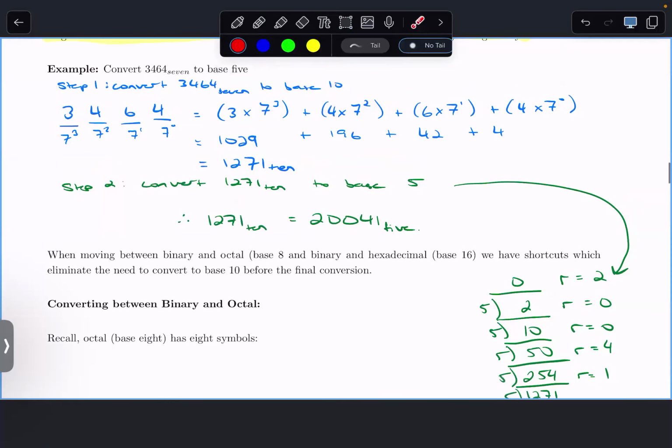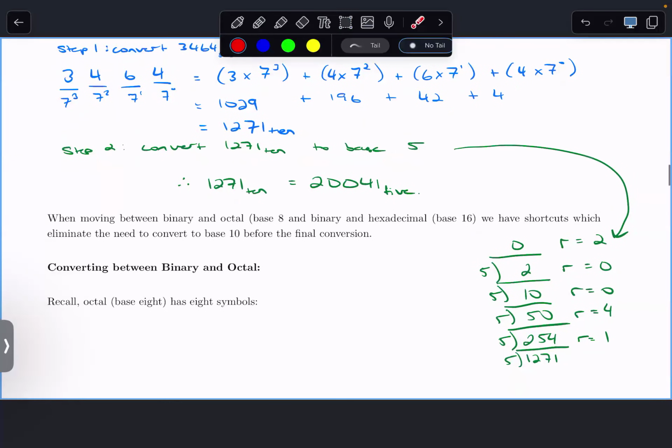Yes, base 5. So then we're going to take this 1271 base 10 and convert it to base 5 by repeated division. I had to do it down here.